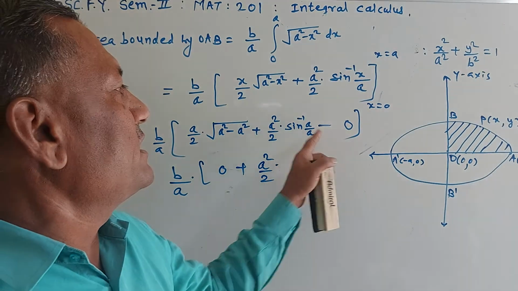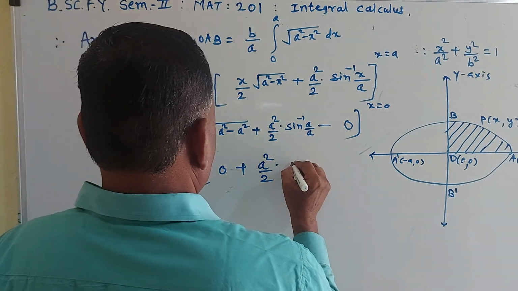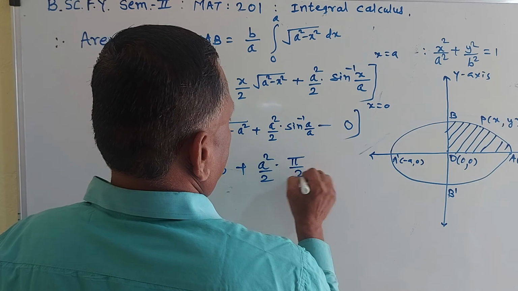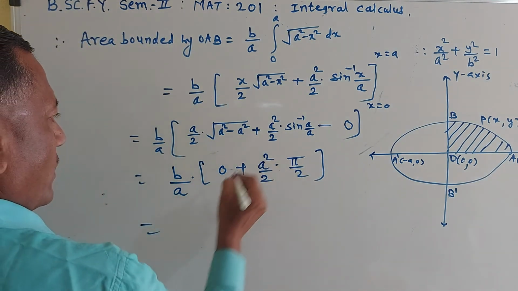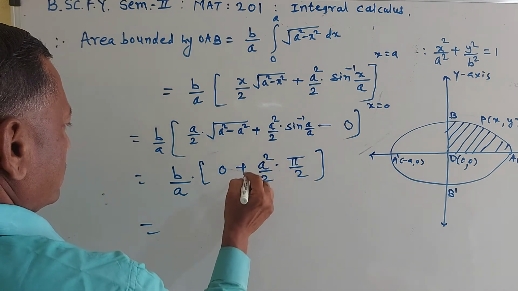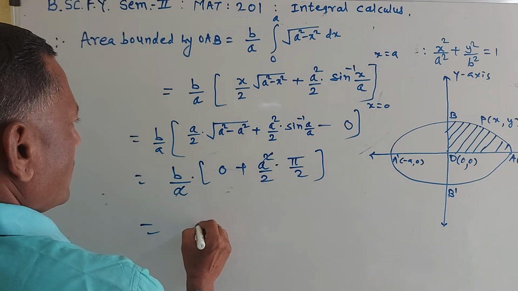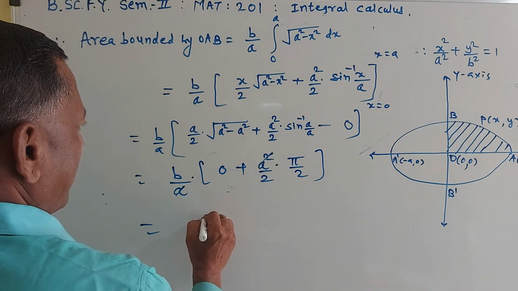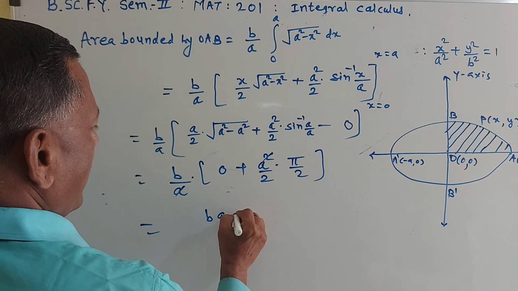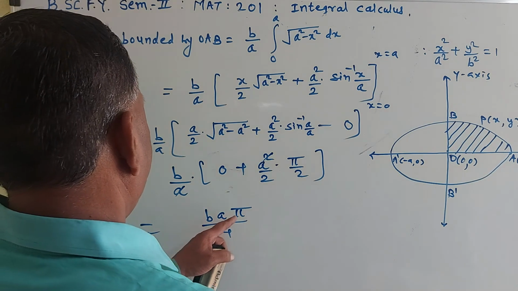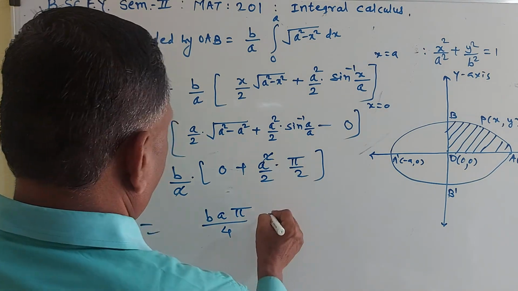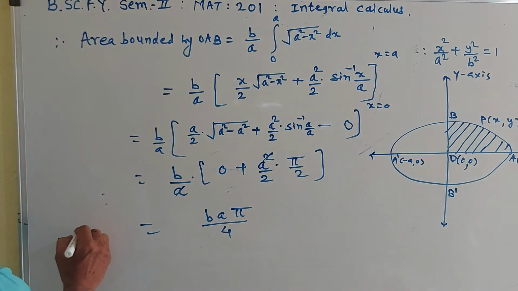Therefore, sine inverse 1 is pi by 2. So it is equal to, 1 a cancels, b into a into pi upon 4, or pi ab upon 4. What is this? This is the area of OAB.